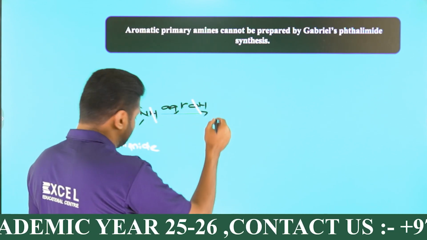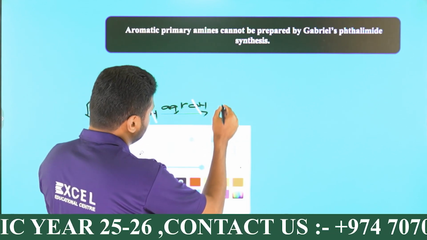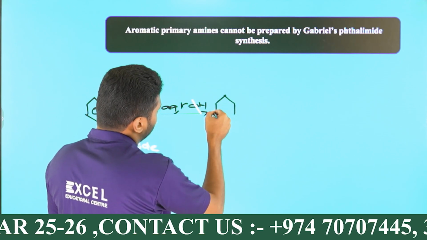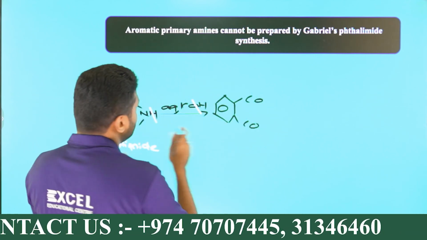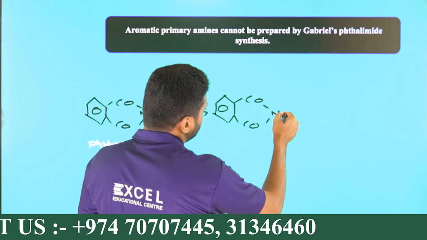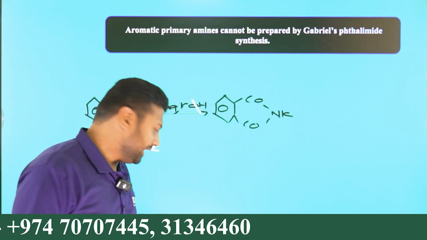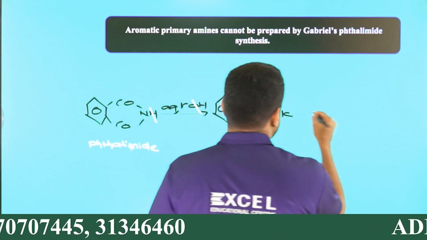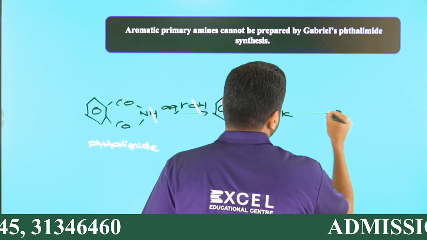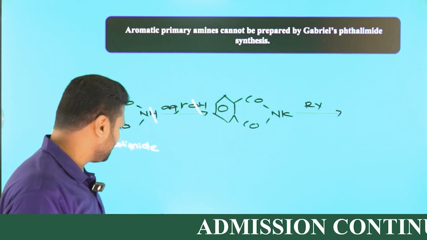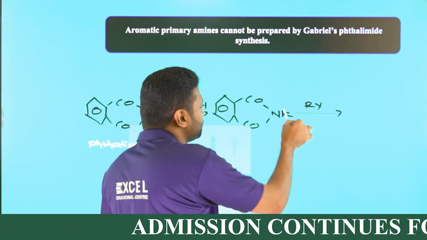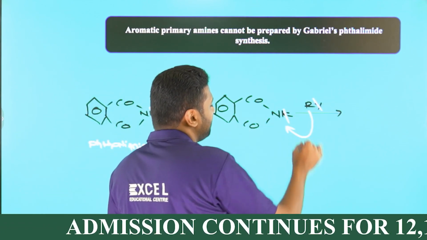Remaining will be NK, getting benzene ring with COCO, NH will become NK. NK will be passing over RX, alkyl halide. K and X will be removed as KX. NK will become NR.